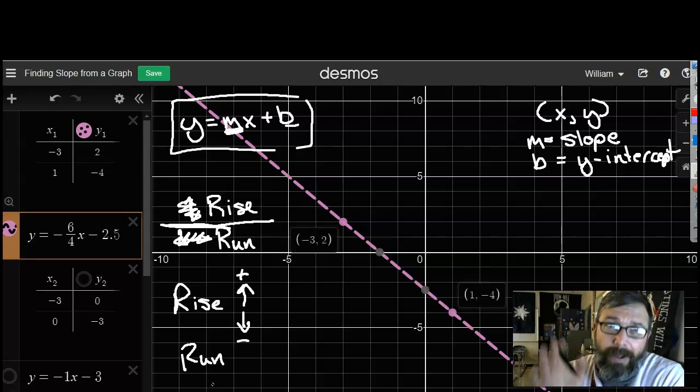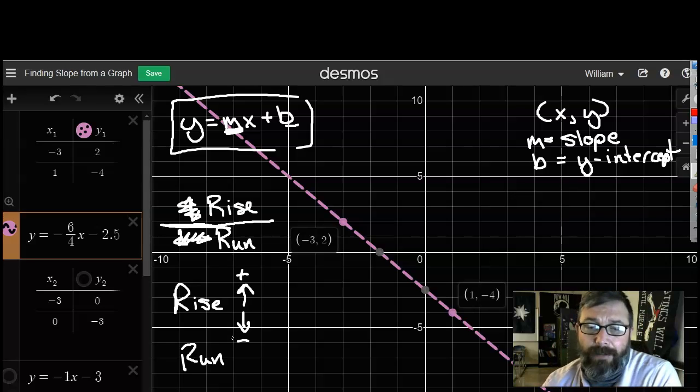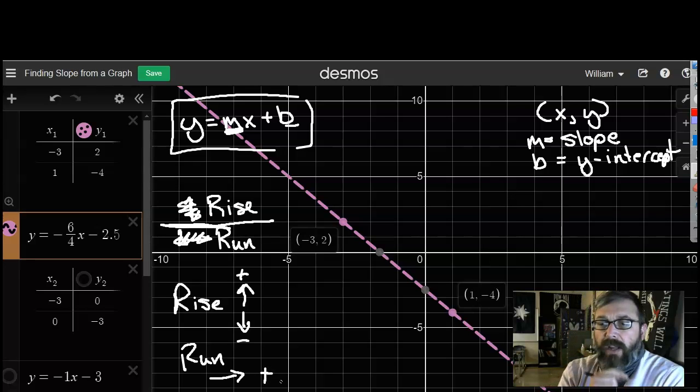I know about anime, I'm not talking about anime. I'm talking specifically about traditional American books, which will always be read left to right, and that number will generally be a positive number. In the next lesson it could be negative, but the way we're doing it right now, it'll always be a positive number, okay? So rise over run.